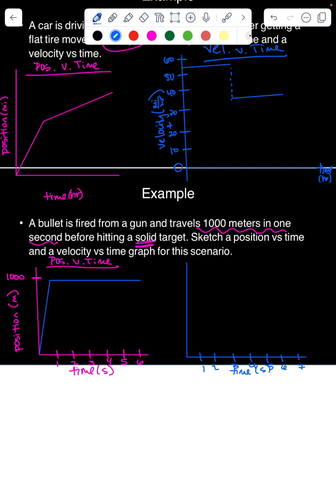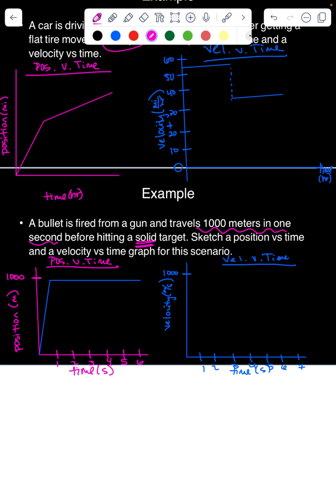All right, now for this one, our velocity, which is on the y-axis, measured in meters per second. Again, I really only gave you that it traveled that 1,000 meters in 1 second. So if we divide that, then that's going to be 1,000 meters per second. So I'm just going to put that up there kind of like I did earlier. So we're just going to have 1,000 meters per second.